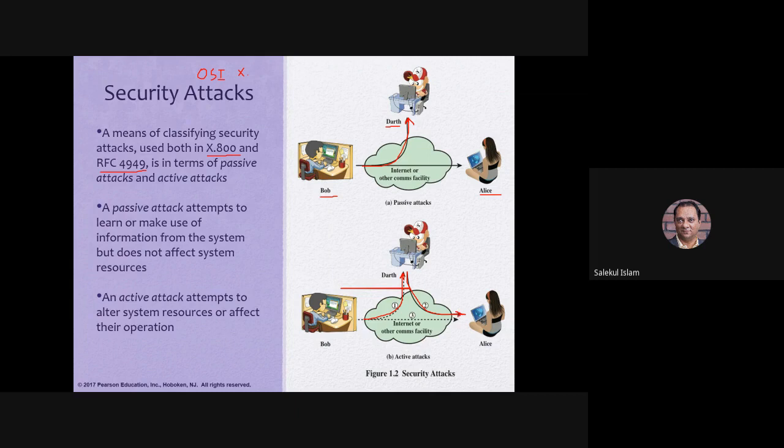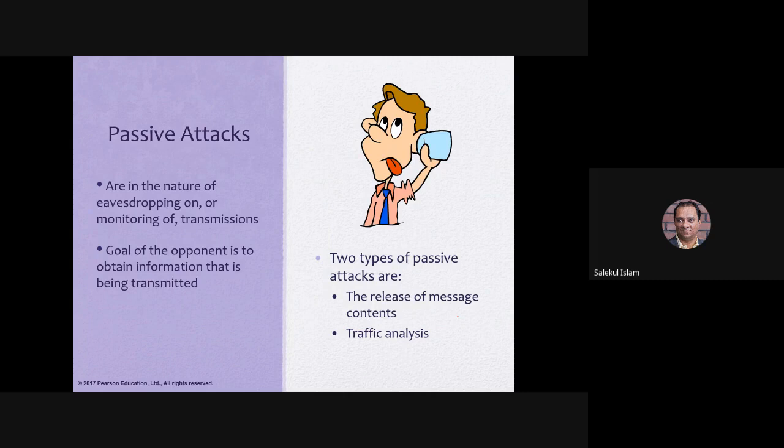So we say that this is one kind of active attack. We divide the passive attack into two areas, or we have identified two types of passive attacks. The first one is release of message contents, and another one is traffic analysis.